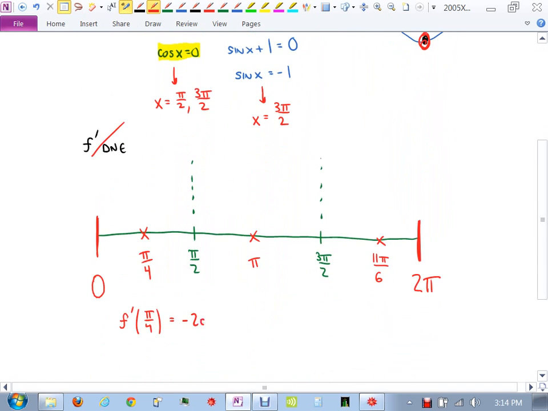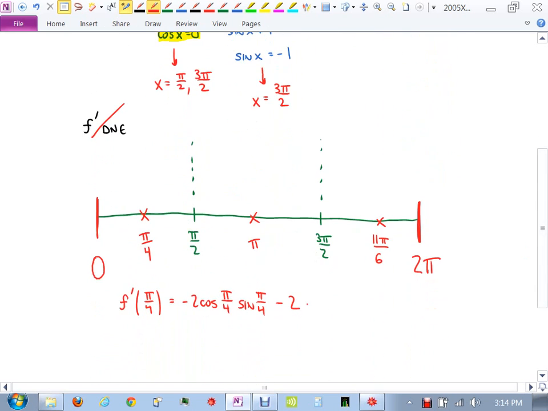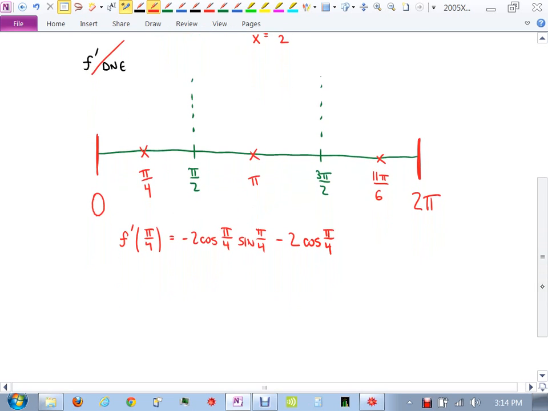So negative 2 cosine pi over 4 times sine pi over 4 minus 2 cosine pi over 4. Everyone understand what I'm doing? All right, what's cosine of pi over 4? Root 2 over 2. What's sine of pi over 4? Root 2 over 2. Minus 2 times cosine of pi over 4, which is root 2 over 2.